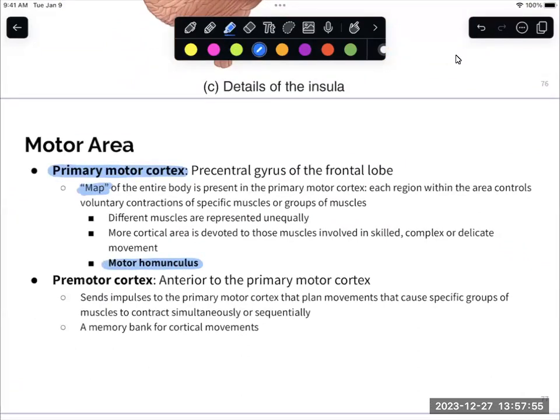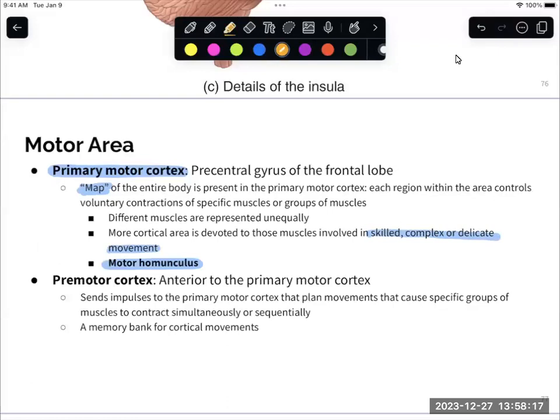So when motor information comes into this primary motor cortex, it's able to send out to tell which muscles to contract to perform which activities. So skilled, complex, or delicate movements are coming out of this primary motor cortex.